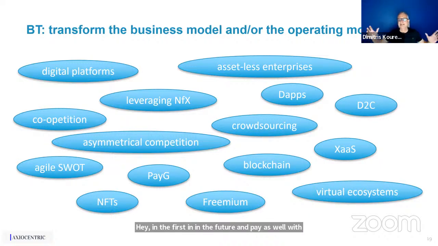So many different terms over there, and we cannot cover any of them today in detail. This is just to explain what business transformation is about, rather than simply changing what you do. It's about changing completely your business.